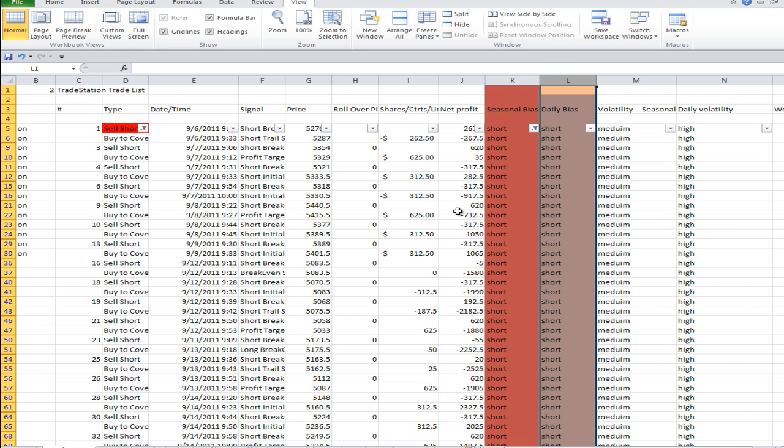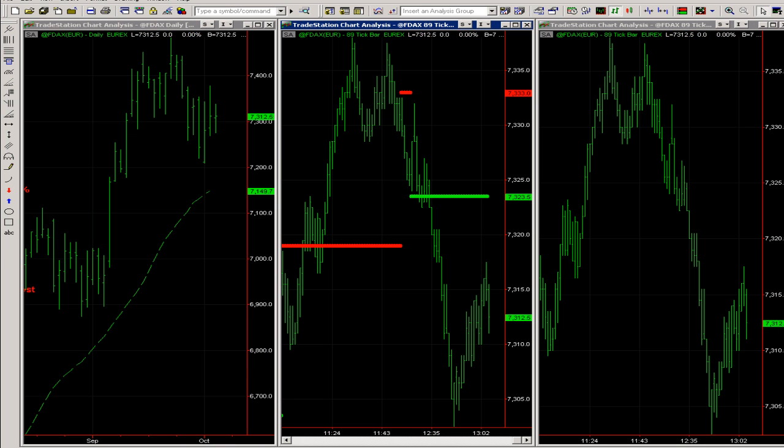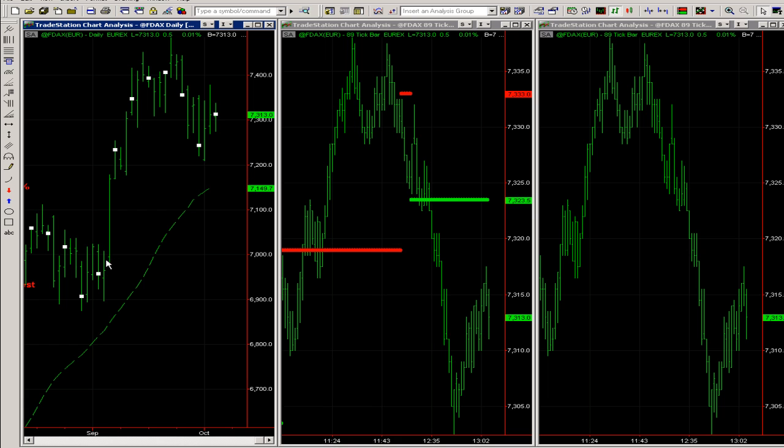Now, the way I recorded the daily bias, and I'll quickly go to our DAX chart here: if price closed above the moving average on a daily chart by two price bars, then I would be long. If it closed below by two price bars, I'd be short.